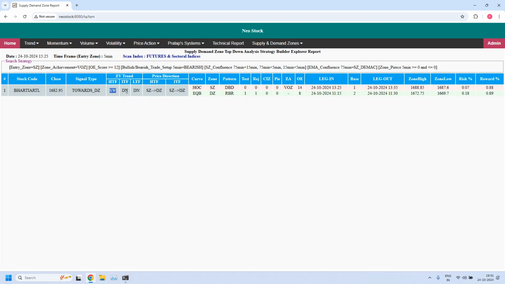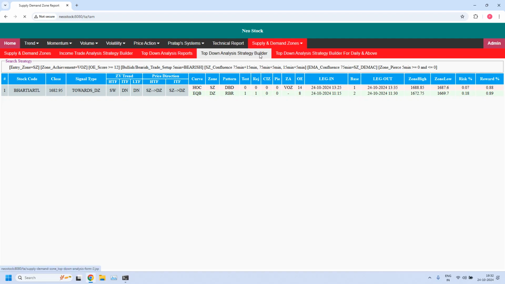But anyway, the same stock is supported with ITF confluence. ITF trend is downtrend. ITF zone is having an EMA confluence. That way it is a high probability setup supported stock. Okay, we got one stock. So this is about bearish trade setup for hourly income trade.